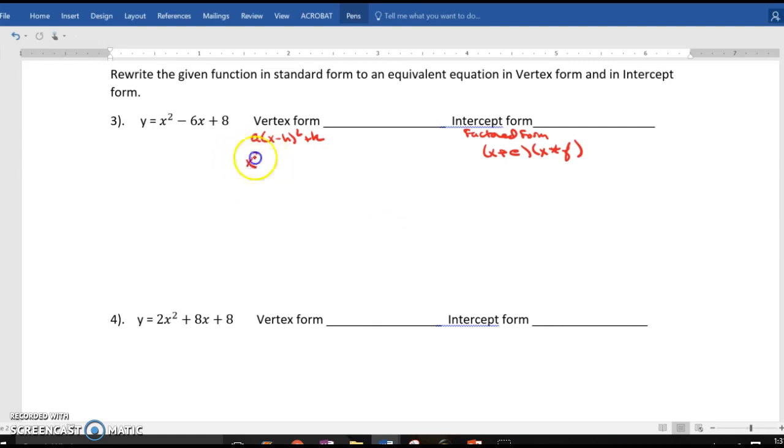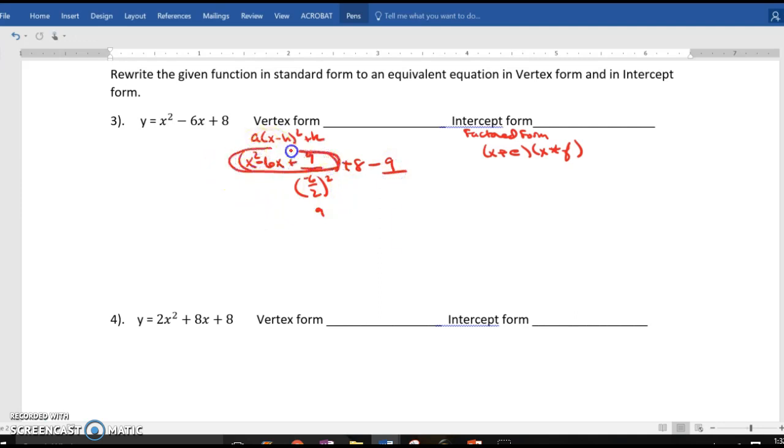So I grouped the first two terms, x squared minus 6x. I'm going to add some number, and I'm going to come out and subtract that same number. So I take half of b and square it, which gives me 9. If I add 9 inside, I'm going to subtract 9 on the outside.